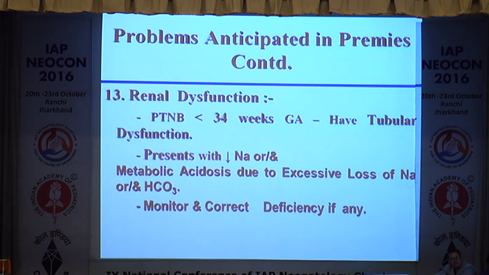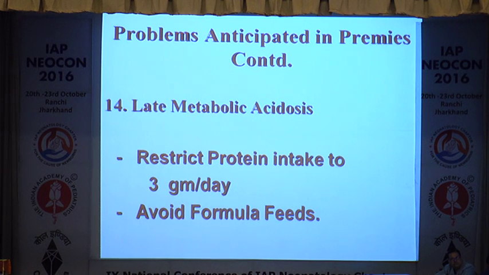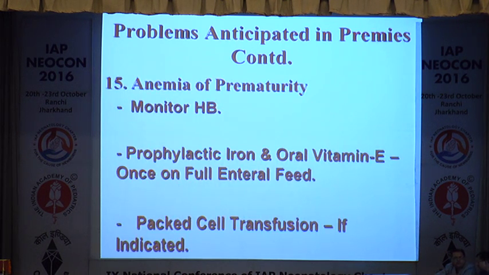These are the things which can be present. Then in late metabolic acidosis cases, we should restrict fluid and protein to 3 gram per day, and we should avoid formula feeds. Anemia of prematurity: we should monitor hemoglobin, and prophylactic iron, and oral vitamin A once full enteral feed is there.